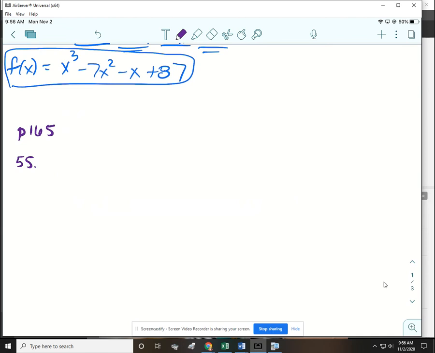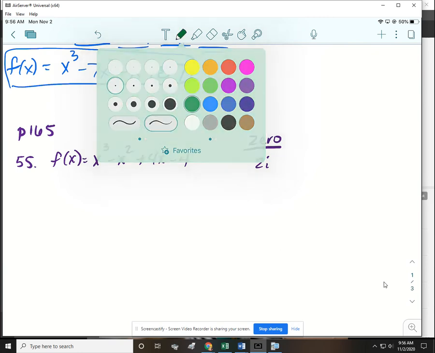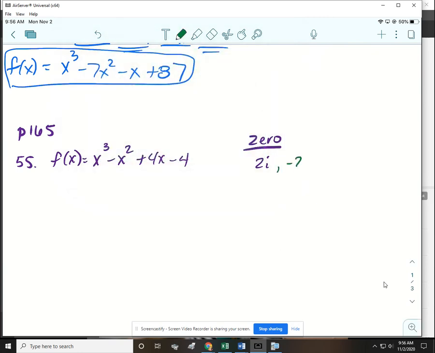All right, so our function is f of x equals x cubed minus x squared plus 4x minus 4. And the given 0 that we have is 2i. All right, so what is also a 0? We're only given that 1 0, 2i. But I know that the conjugate of 2i is also a 0.